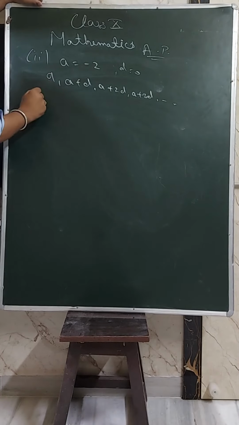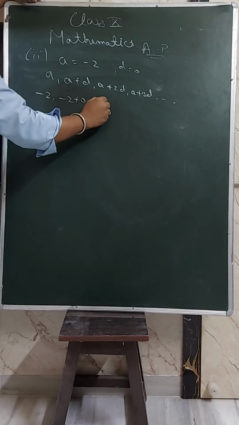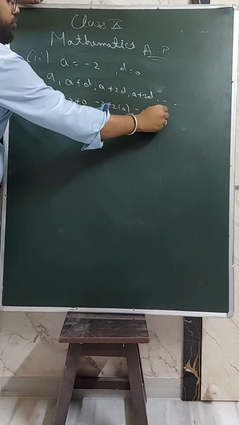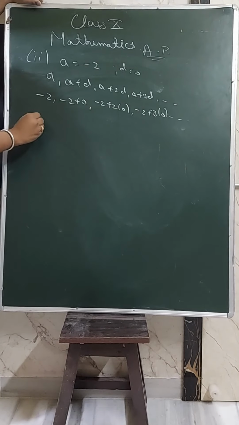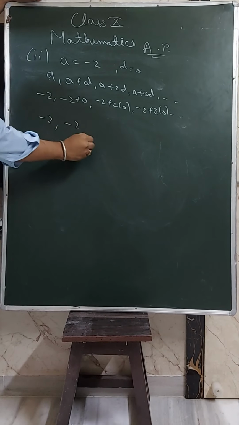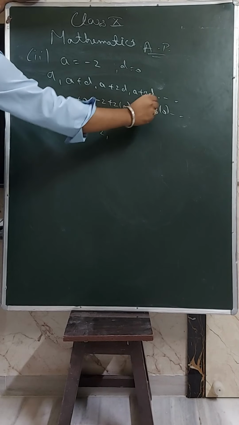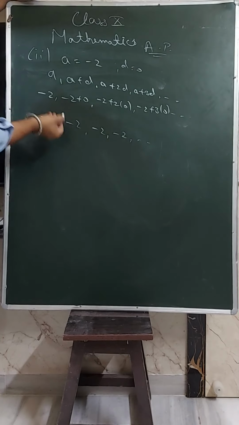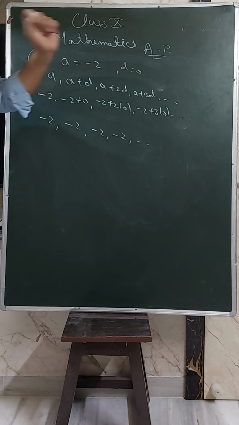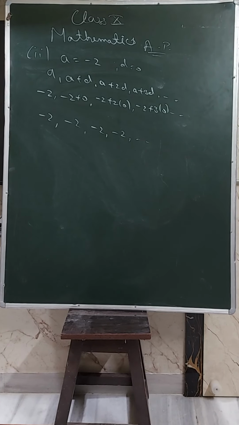Now a is -2, then -2 plus 0, then -2 plus 2 into 0, then -2 plus 3 into 0. -2 plus 0 is -2 only, 2 into 0 is 0, so what is left is -2. 3 into 0 is 0, so what is left is -2. So this is the fourth term. All the terms are the same because here d is given 0. The difference is 0, that's why all the terms are the same.